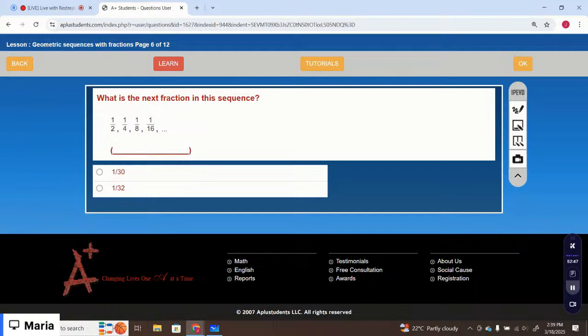So the next one would be 1 over 32. Option number two is the correct option.